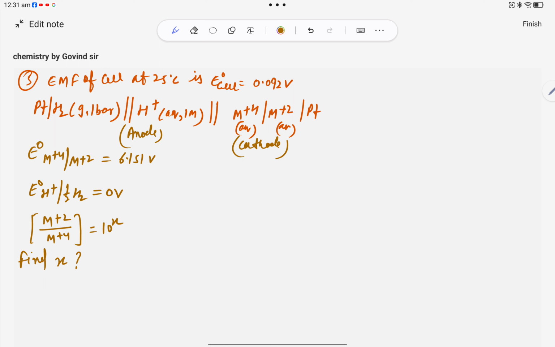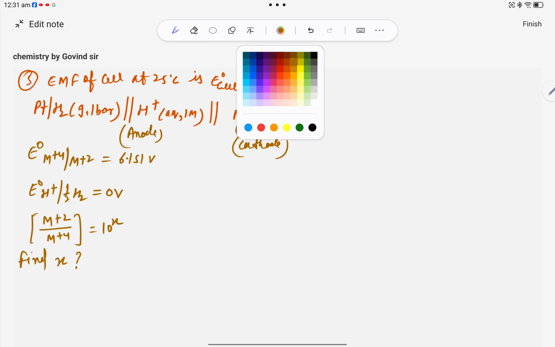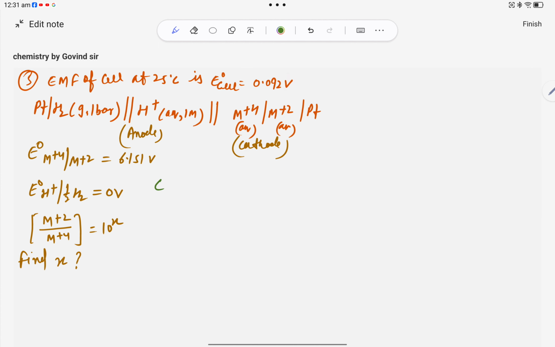Let's start. So E naught of cell, sorry, it's E cell, not E naught of cell, children. E cell is given.